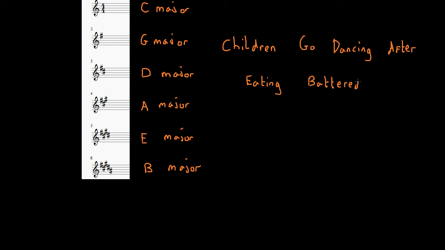That sounds a bit ridiculous, but it's just something to help you remember it. As you can see, the first letter of each word is our list of keys over the other side.